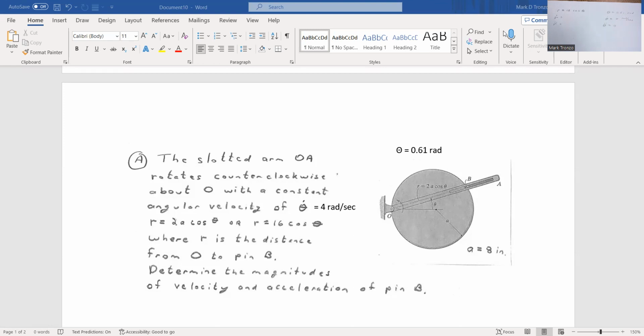And determine the magnitude of velocity and acceleration of pin B. We're given at the top that it's in the case where theta is equal to 0.61 radians. So theta is 0.61 radians at the point where we want to calculate everything.